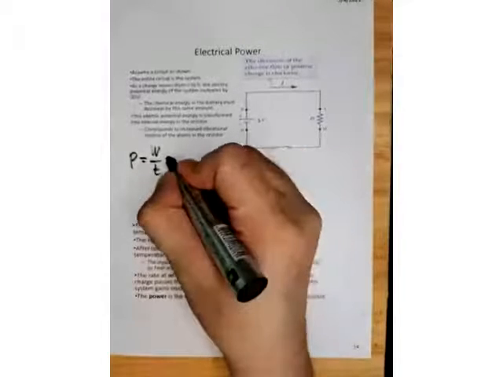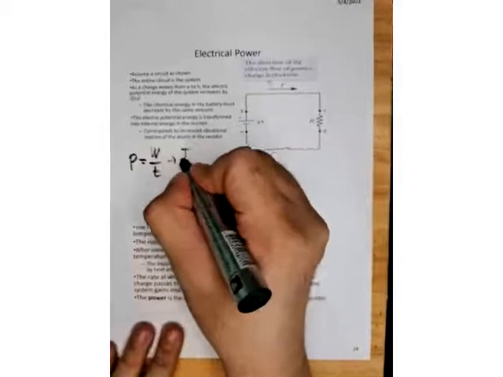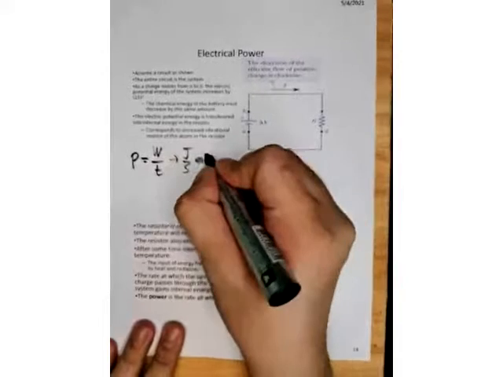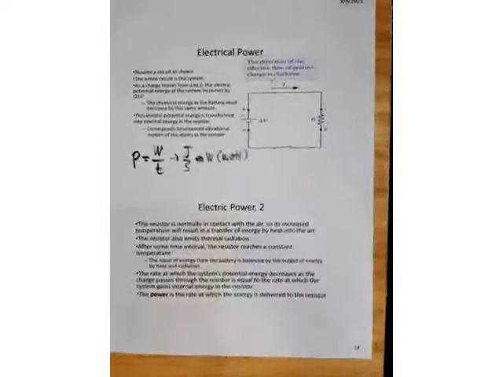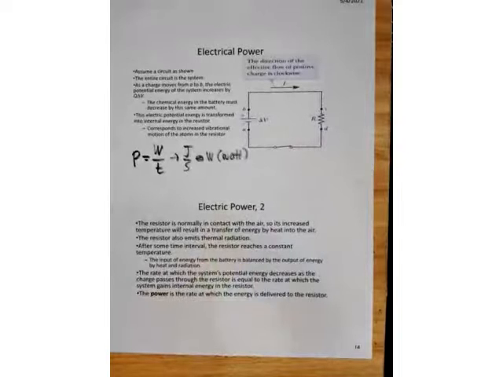Okay, so ang unit ng work natin ay joules per second, and that's equal to watts. Ayan. So 1 watt is equal to 1 joule per second. Okay?